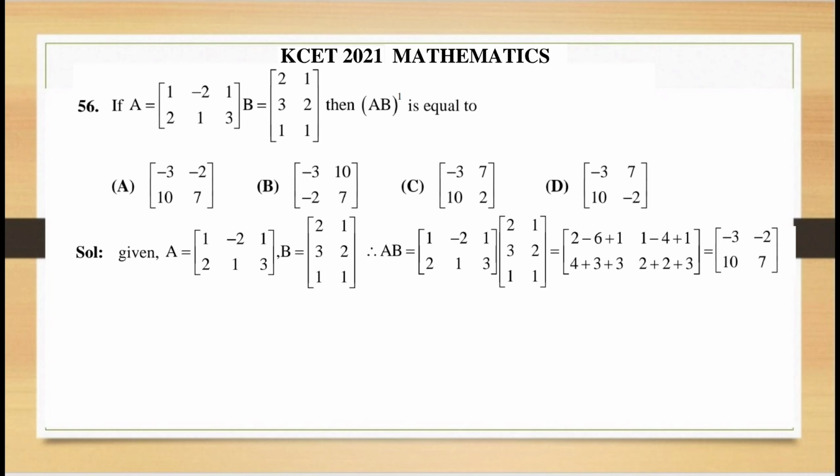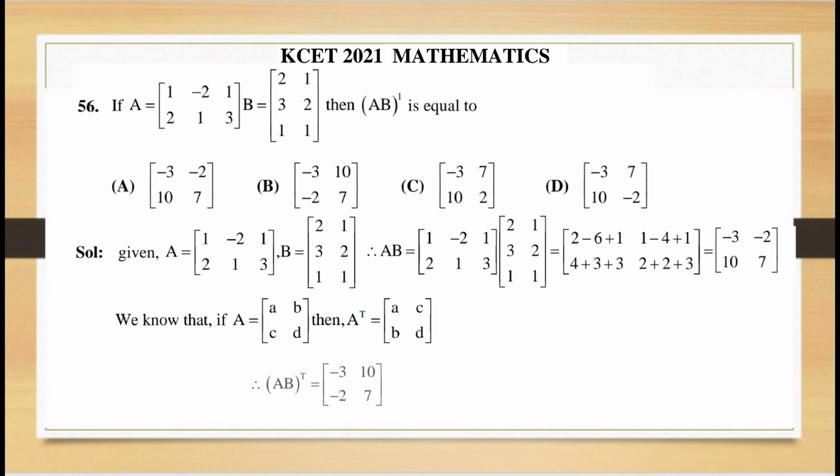This is matrix AB. We know that if A equals matrix [a b; c d], then transpose of A is equal to [a c; b d]. Therefore, transpose of AB will be equal to [−3 10; −2 7]. So option B is correct.